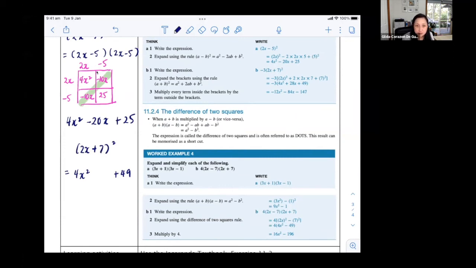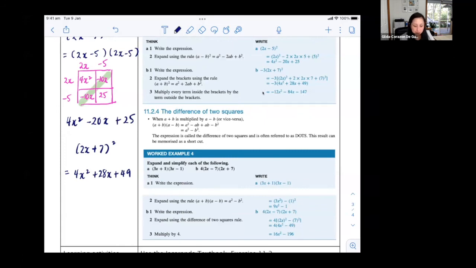And if you use the box method, you'll notice that it's 2 lots of 14x's, and that becomes 28x, right? Which is what they've got here, 4x squared plus 28x plus 49, okay? And then afterwards, you multiply by negative 3, and therefore you get negative 12x squared minus 84x minus 147, okay?